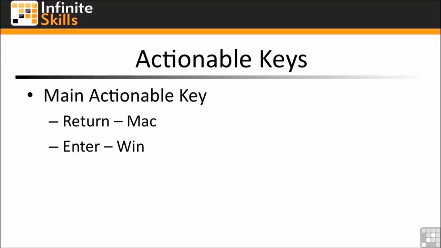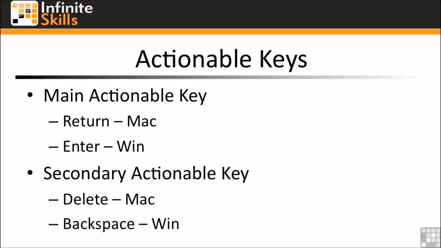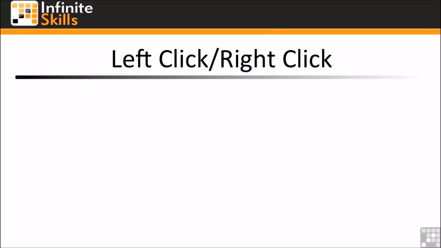But the main key that we think of, like on a typewriter when you go down to the next line, Return or Enter. Now, the secondary is the Delete key on a Mac, and they give this one a different name too, the Backspace key in Windows. So if I want you to delete something, it's actually the Backspace key in Windows, Delete on a Mac. Same keys, different names.